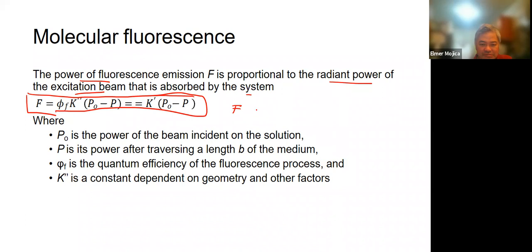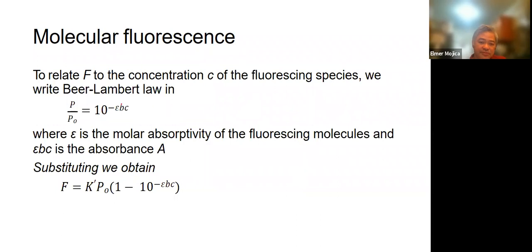So we could say that is equal to the quantum efficiency of the fluorescent process times a constant dependent on geometry and other factors times the difference between the power of the beam incident on the solution and the power after traversing a length of b. So this is the power going in and the corresponding power coming out. And you can relate it to the Lambert law.